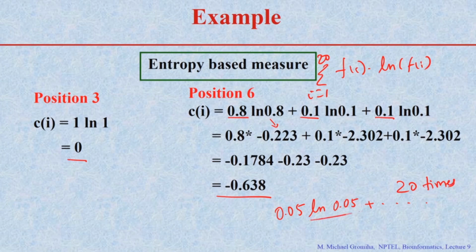You get the logarithm of 0.05, multiply by 0.05, then multiply by 20, and you get the number. If you compare these two values, 0 and 0.638, which one is conserved? 0 is conserved, because if all the positions are occupied by the same residue, then it is highly conserved. So you get 0, but otherwise this goes to negative values. If it is highly variable, then the score goes lower because it gets more negative values.